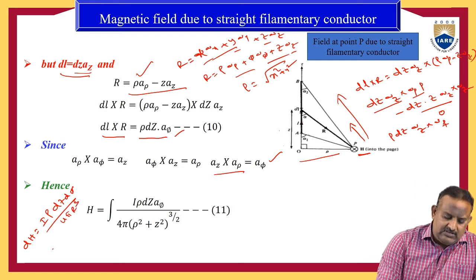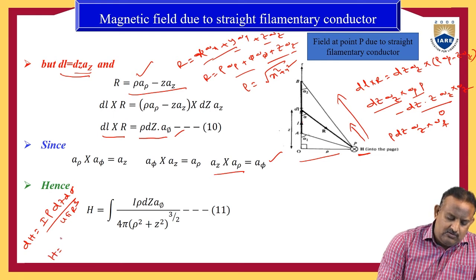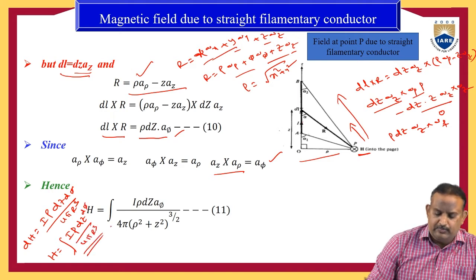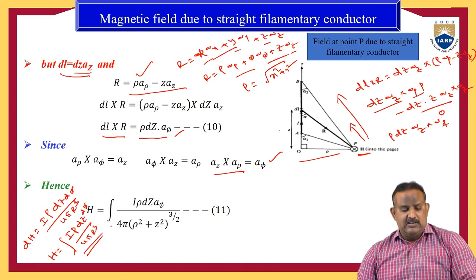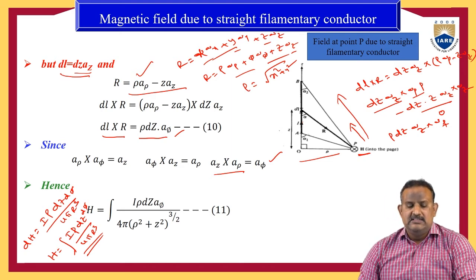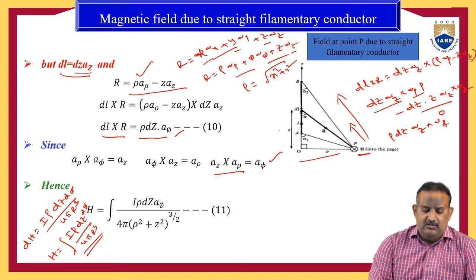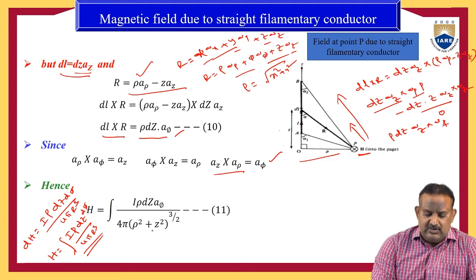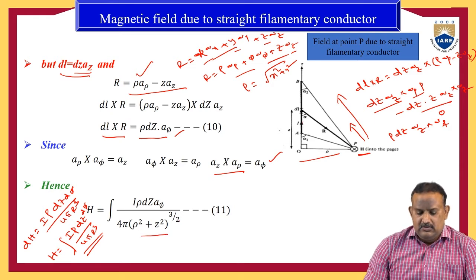If we integrate the equation, we have H equal to integral of I rho dz a_phi by 4 pi R cube. Let us assume R is equal to rho a_rho minus z a_z. If you find the magnitude, it becomes rho square plus z square whole power 3 by 2, so 4 pi into rho square plus z square whole power 3 by 2.